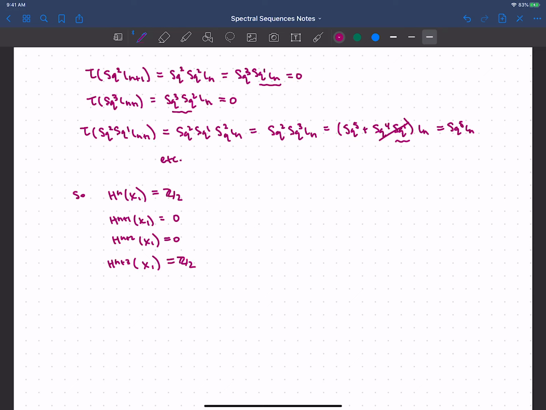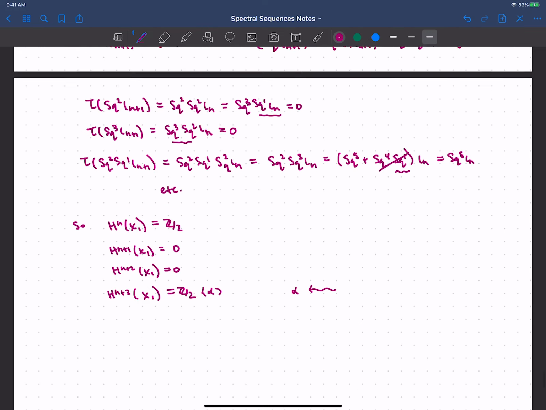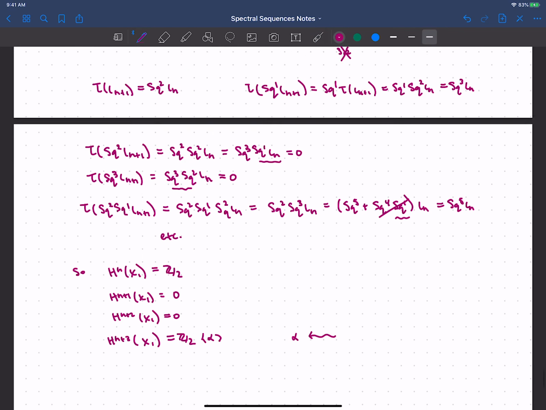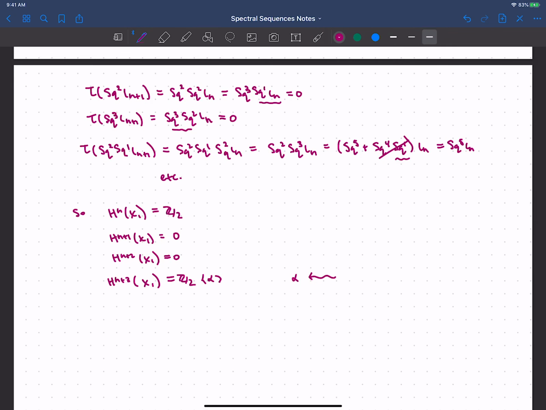And that Z mod 2, maybe we'll name the generator here alpha. That alpha, that came from what? So this is in degree n plus 3. Oh, and I've written over it, but that's Sq2 iota n plus 1. So this generator alpha really kind of comes from Sq2 iota n plus 1. And then you may remember we saw 2 things in degree n plus 4.